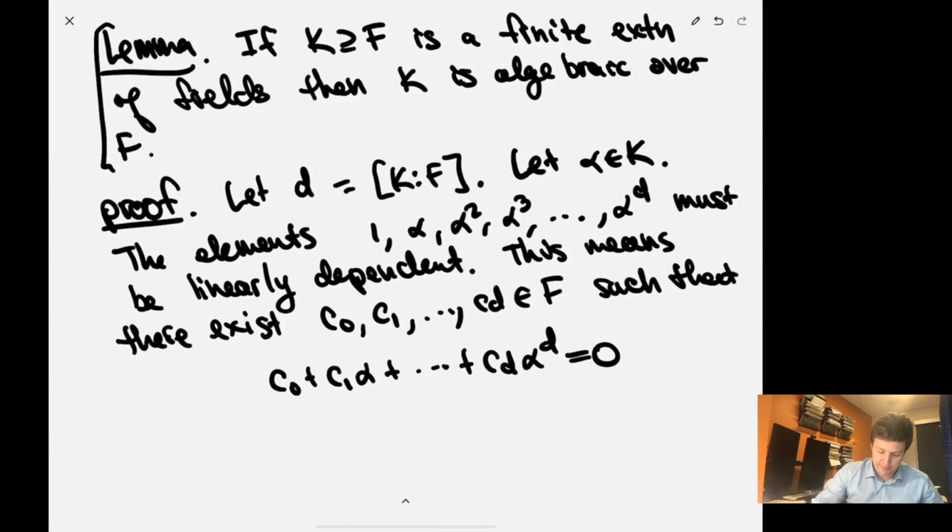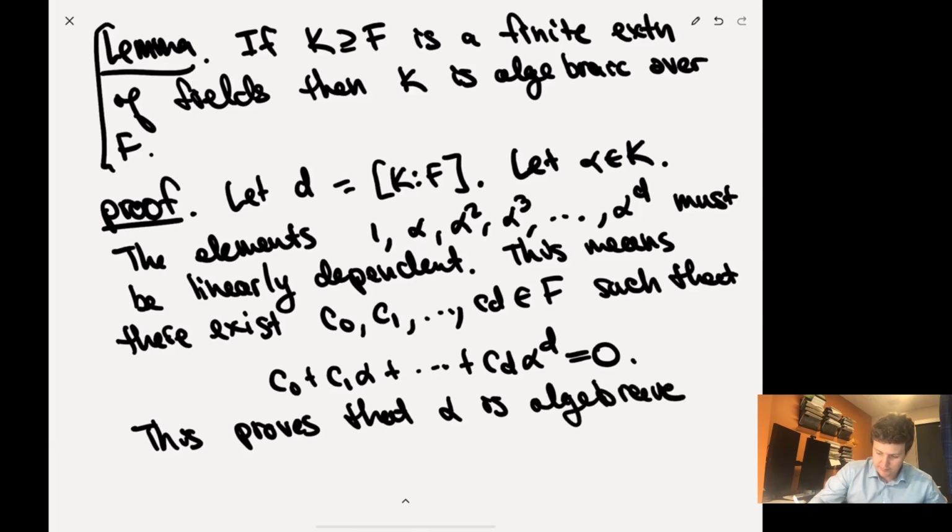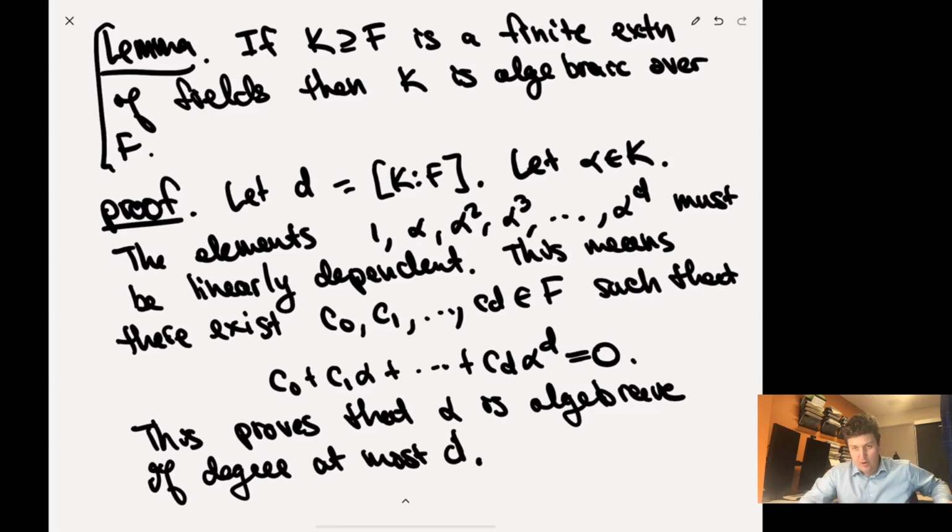And so this proves that alpha is algebraic, of degree at most D. We know it has to satisfy some relation up to degree D, and that proves that it's algebraic. Okay, so now I'm going to stop this. I'm going to do a little bit about how to work with simple extensions, and then I'm going to come back to this.